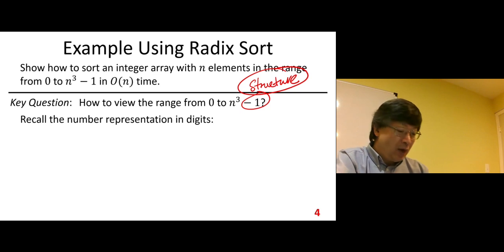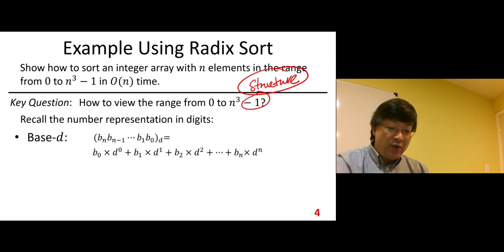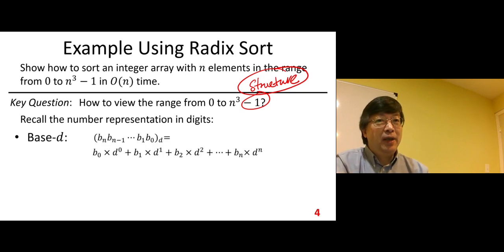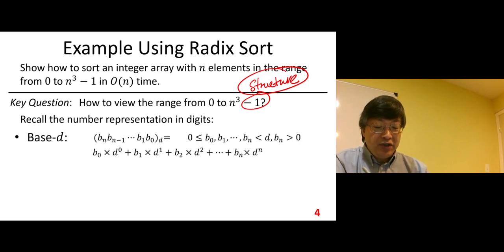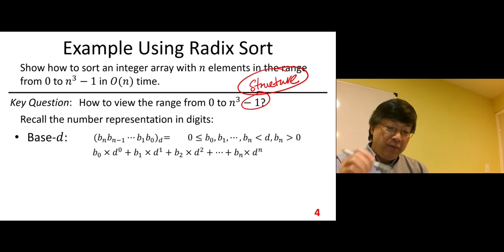Let's recall the number representation in digits, our general representation formula for a base D number. Any base D number we can write in this way, and we have this condition. Now we want to estimate the range.